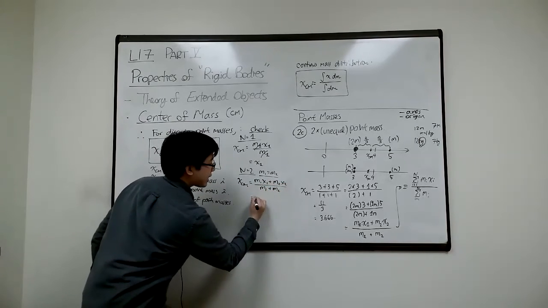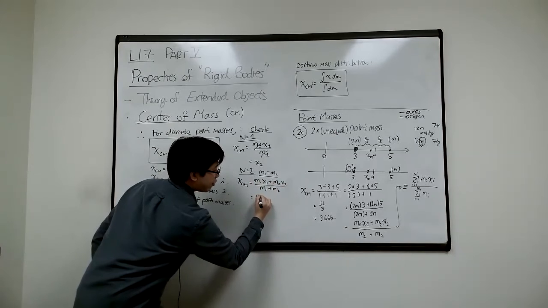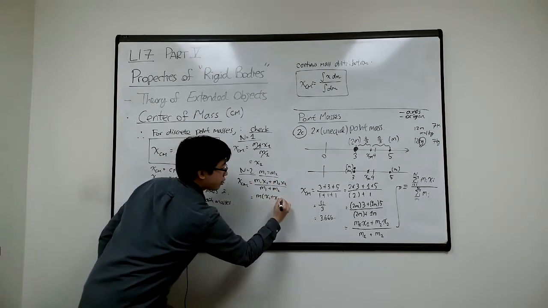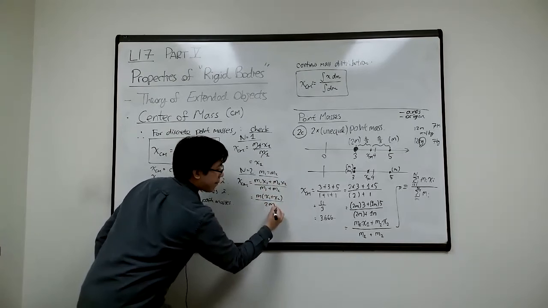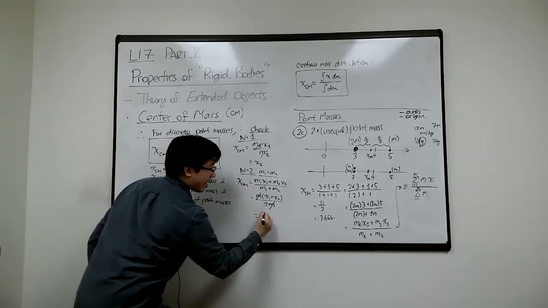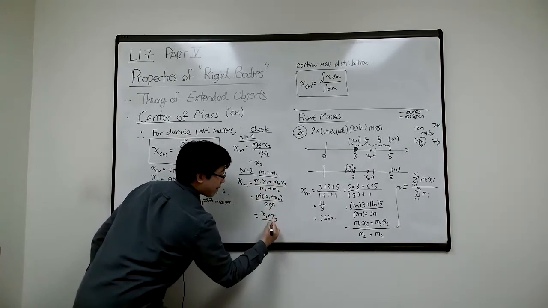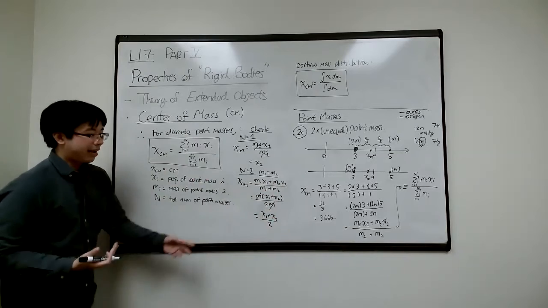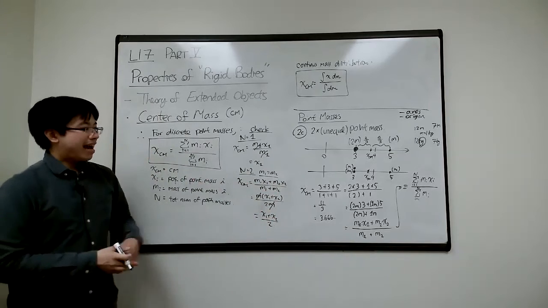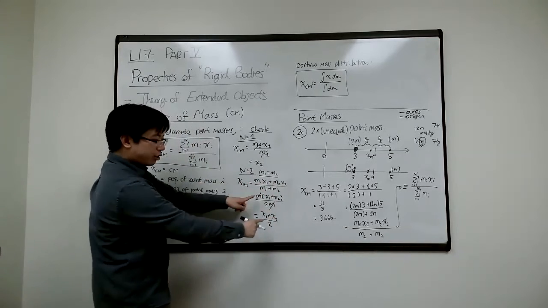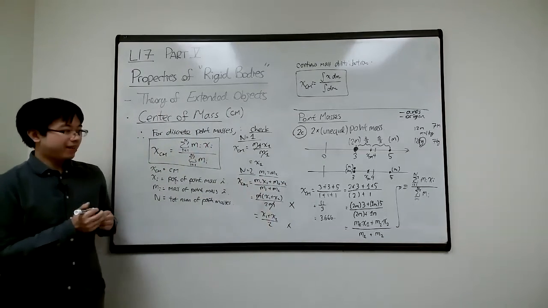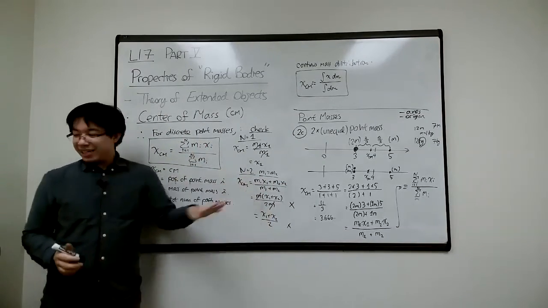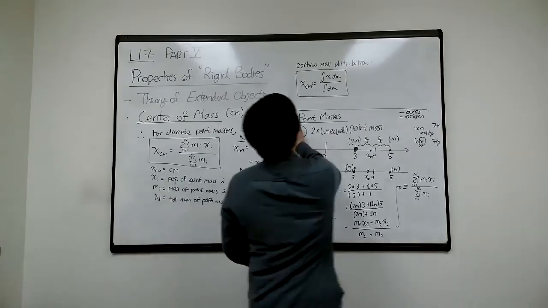But if the m's are the same, here I will have just m times (x_1 plus x_2), because m_1 is the same. Here I'll just have 2m, the m's cancel, and I'll have x_1 plus x_2 divided by 2, as your intuition came up with, right? It's just the average. Now, if the mass is not the same, then you cannot do this step and cannot do this step, and you just have this step. Okay, so it seems to work out everything. You can double check with all the cases.